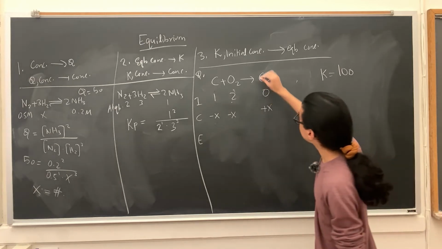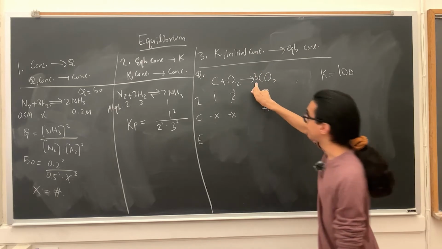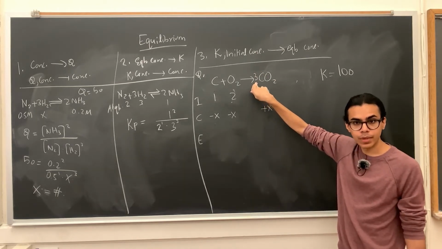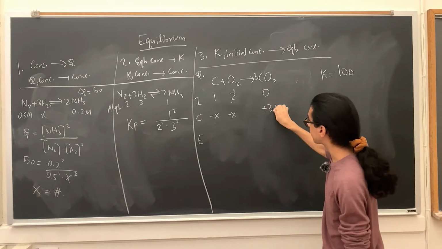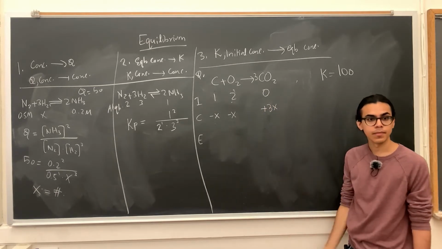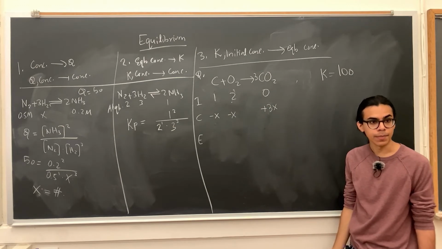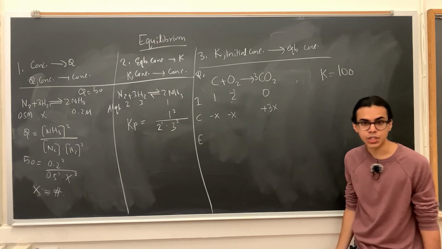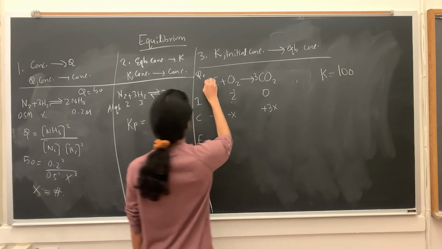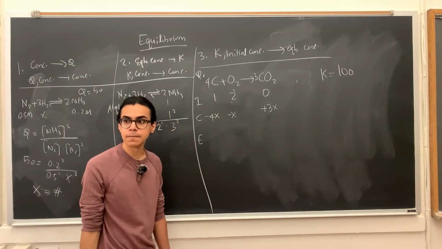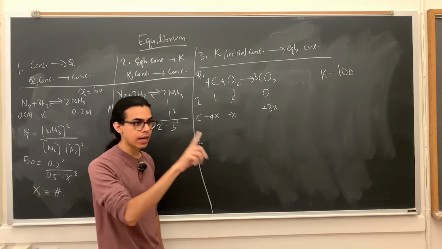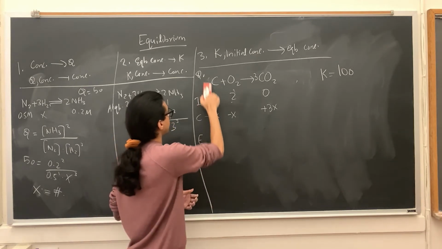Now suppose this had a coefficient of 3. In keeping with stoichiometry, this would become plus 3x. So that's how you come up with the change row. If this was 4, this would be minus 4x. Just copy down the coefficient. That will give you the right ratios.